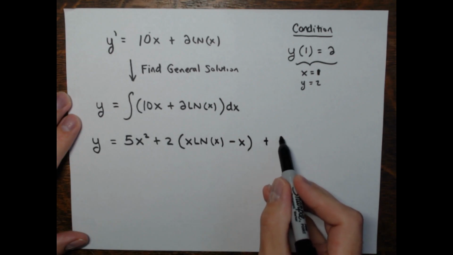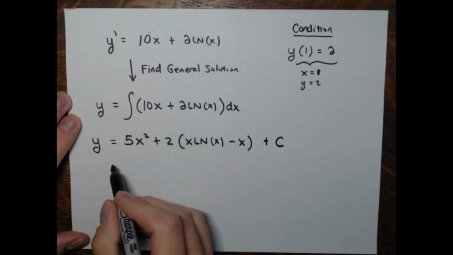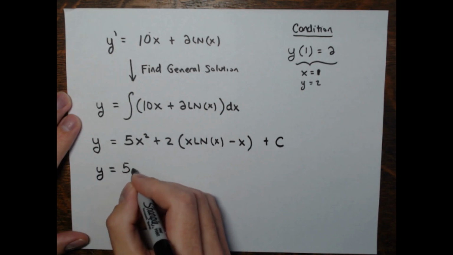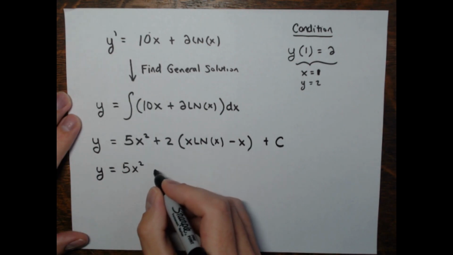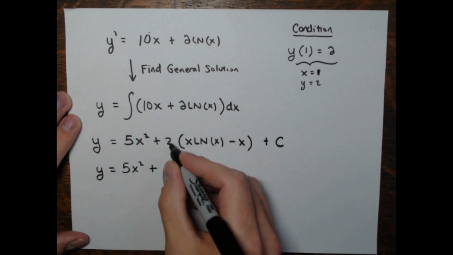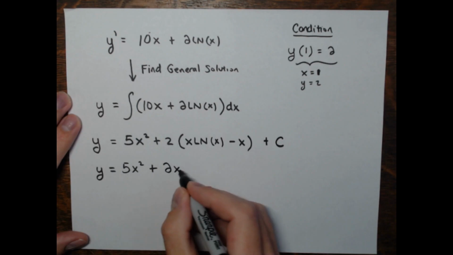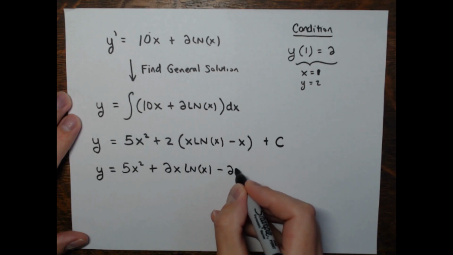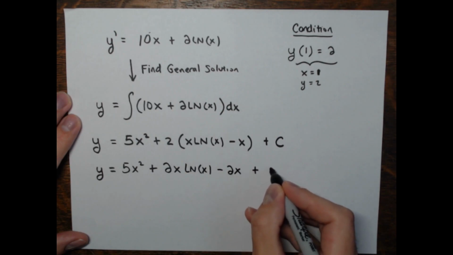And then plus any constant. Now I'll distribute the 2, and we get this. So here's the general solution for this equation: y equals 5x squared plus 2x natural log of x, minus 2x, and then again, plus any constant.